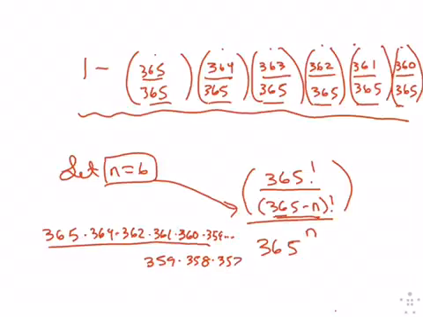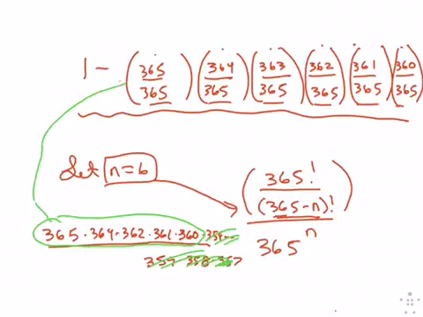But what you're noticing is that all of these components would cancel with all of these components, and you would indeed be left with these numerators up here. So it is sort of up a notch in thought for students to think about this as being the formula.